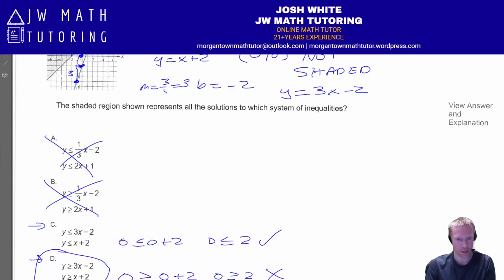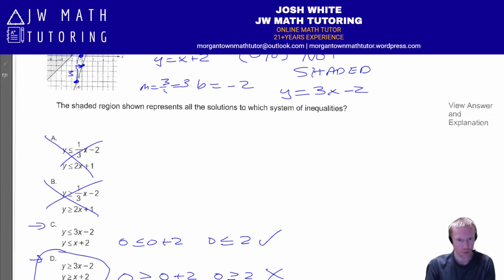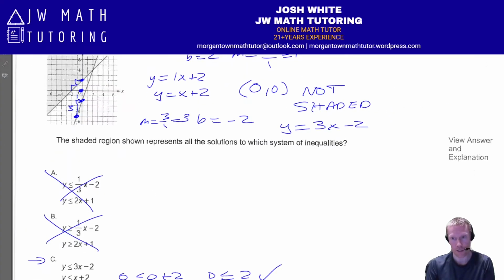Now, if you look at the answer choices, again, those are the same for both, C and D. So now you would have to look at the shading again to see which one is correct. So here's the thing. Technically, it is this side of the line that's shaded, but 0, 0 is shaded and is in the solution set for this line, even though on the overall graph it isn't.